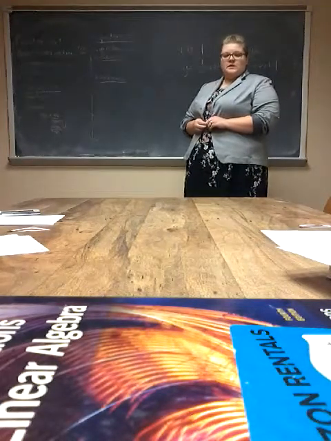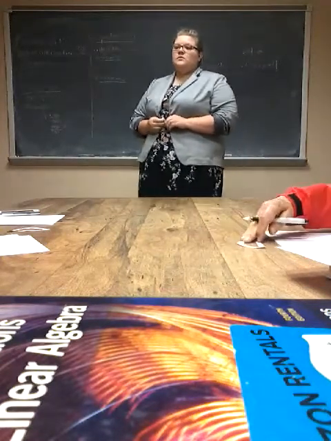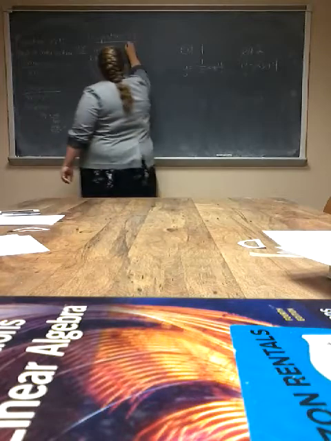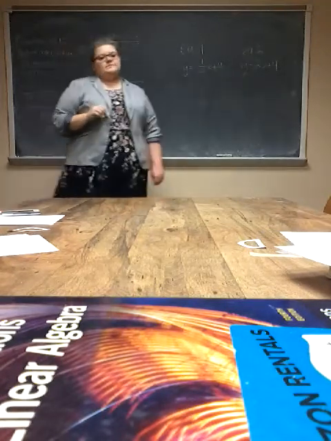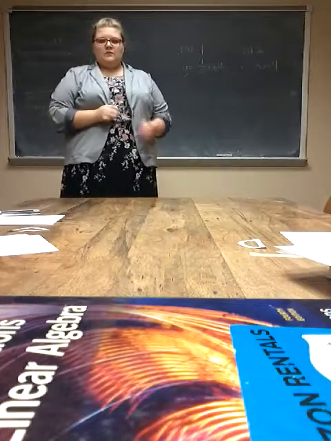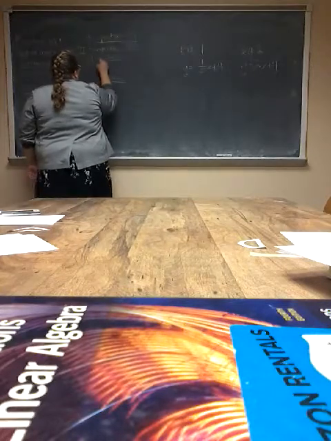What are you finding yours to be? I got 90 degrees this time. 90 degrees? 90 degrees, same. Okay. What about similarities between those two equations? The y-intercept again. Yeah. Y-intercept is 4 again. It's the same.